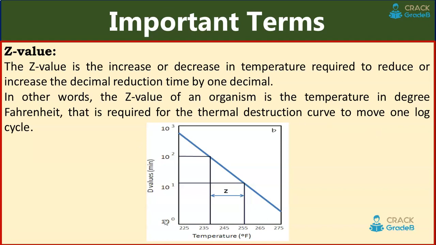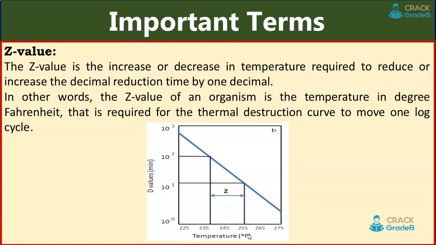This is the graph which shows the temperature, D value, and the number of survivals, and this part shows the Z value.